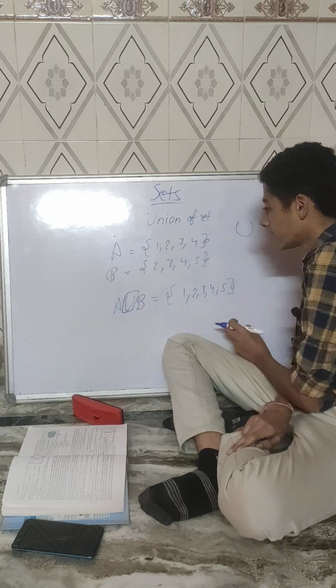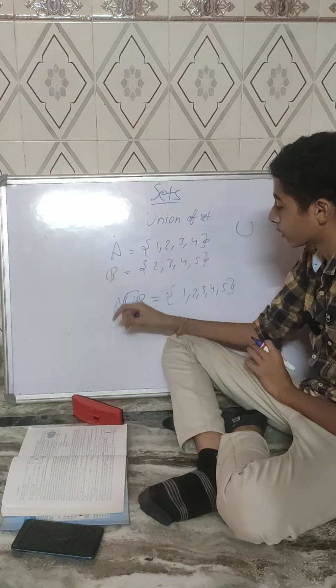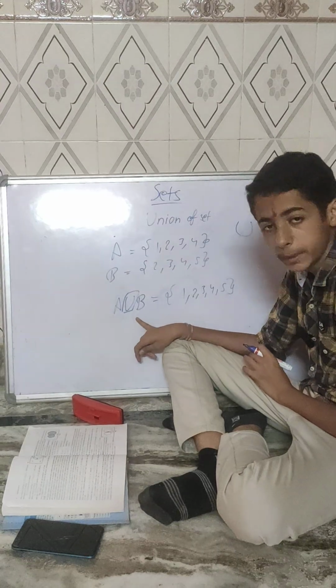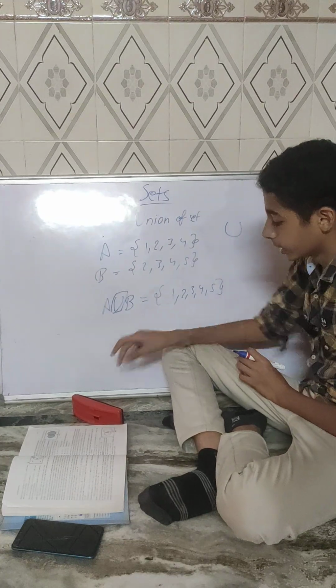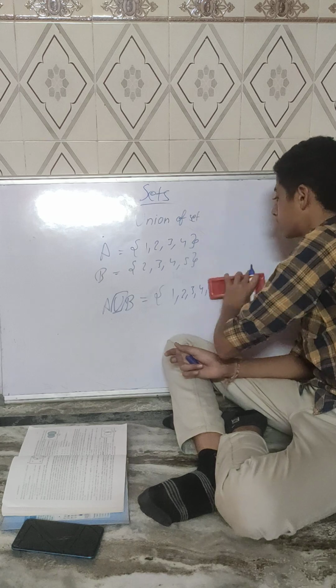The 5 gets added in this new set, which is called A union B. So this was union of set.